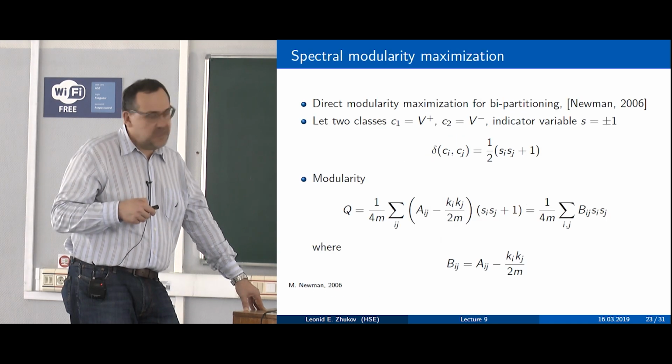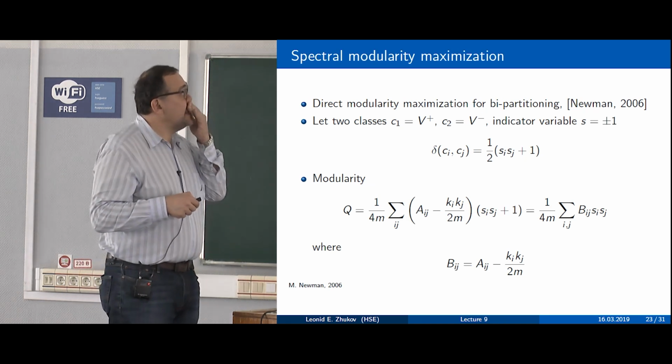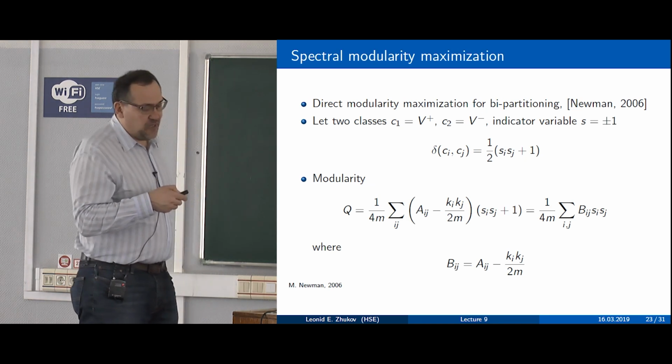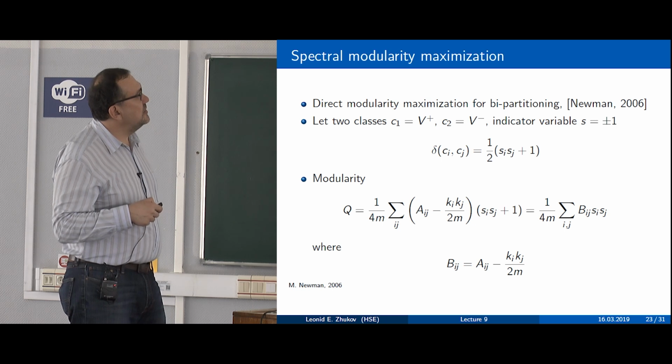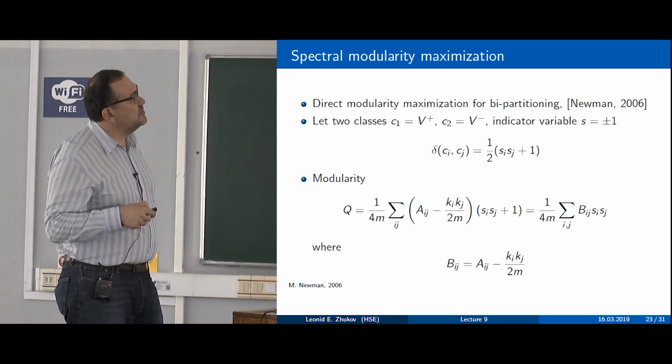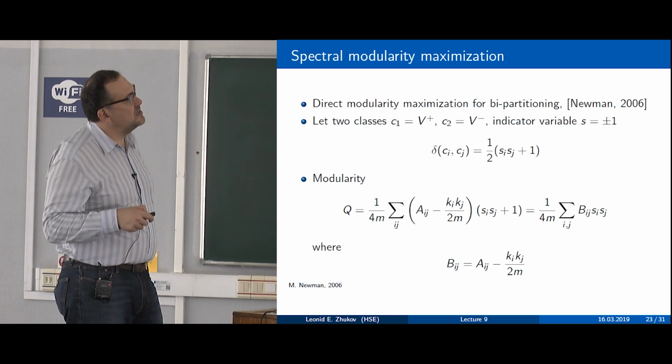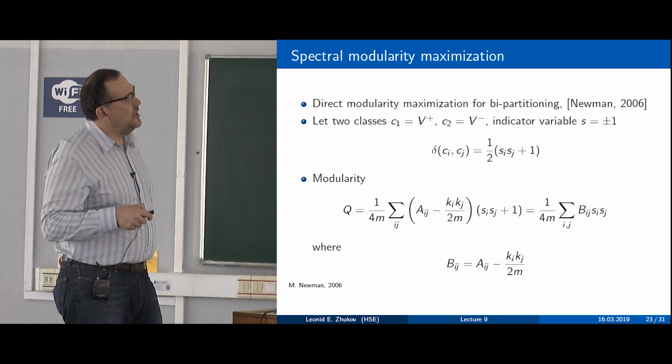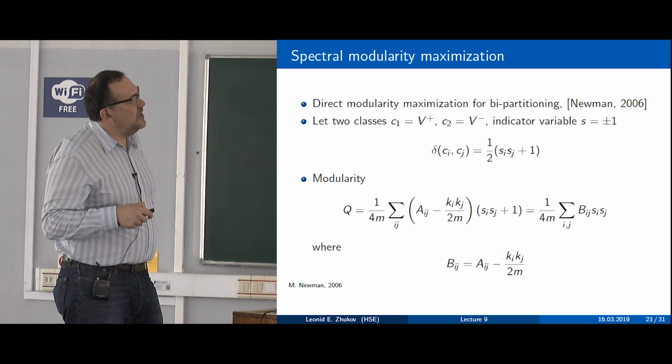The way to do it is quite similar to what we described in the previous half hour: the two classes, the same indicator variables, exactly the same story. Using these indicator variables, you can write the Kronecker symbol in the following way.